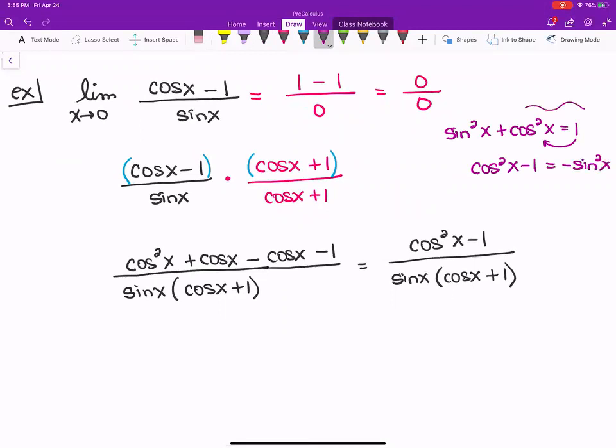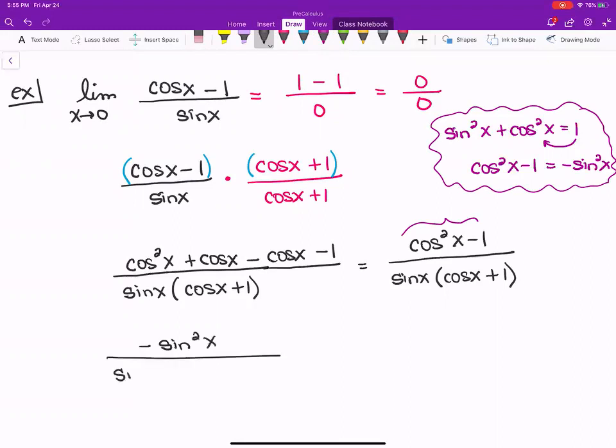I'm going to use this information right here to replace the cosine squared of x minus 1. So that'll become negative sine squared of x. And the denominator will be sine of x, leaving this again because I'm going to successfully reduce something out here. So now I can reduce out a sine in the top and the bottom, which leaves me with negative sine of x over cosine of x plus 1.